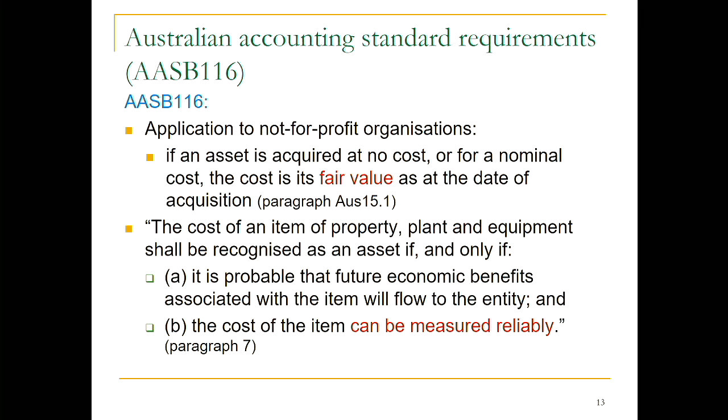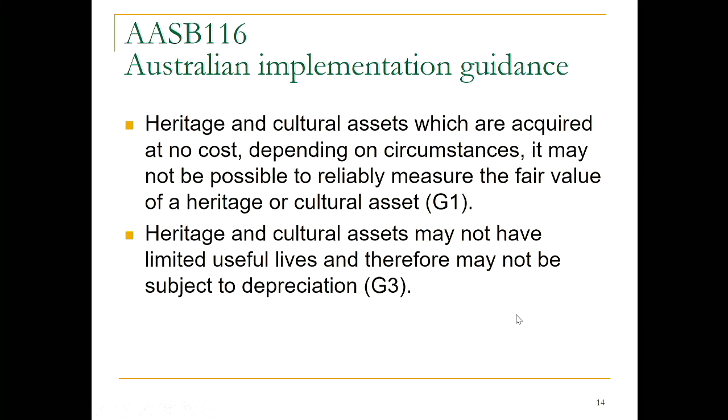So we have already looked at the argument about these types of requirements, and the major issue is about the reliability of measurement. Because of the issues about the reliability of measurement, AASB 116 actually has implementation guidance. The implementation guidance recognizes these kinds of difficulties in measuring heritage and cultural facilities.